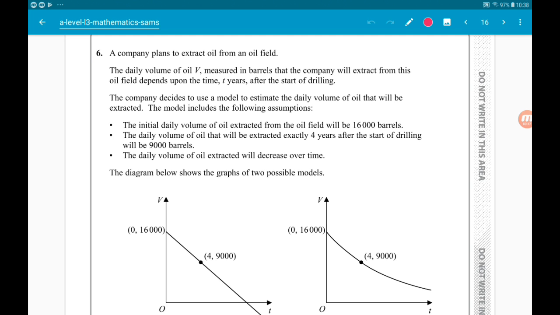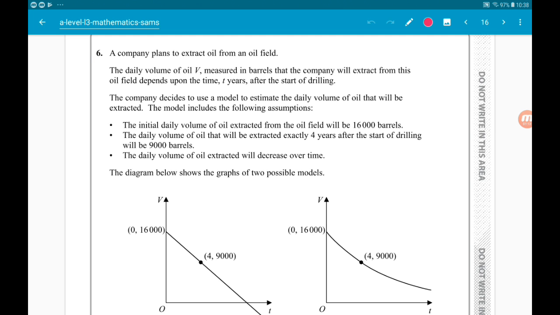So the initial daily volume of oil extracted from the oil field will be 16,000 barrels. The daily volume that will be extracted exactly 4 years after the start of drilling will be 9,000 barrels.